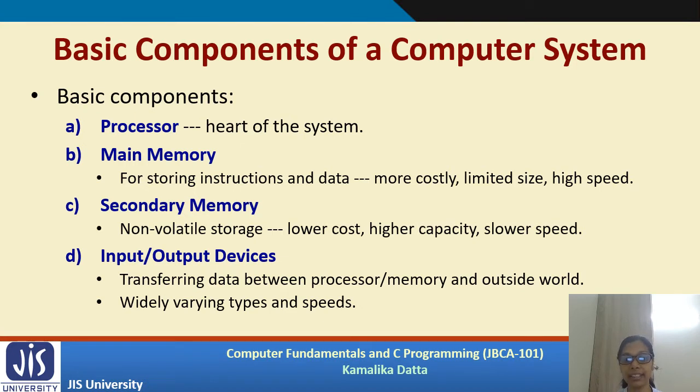But the compromise is here: these are much slower compared to all those memories. As we move from lower to higher, the speed decreases, but the capacity increases. This is the trade-off we have. But we cannot have very high-speed memory at this end. We'll tell you why.